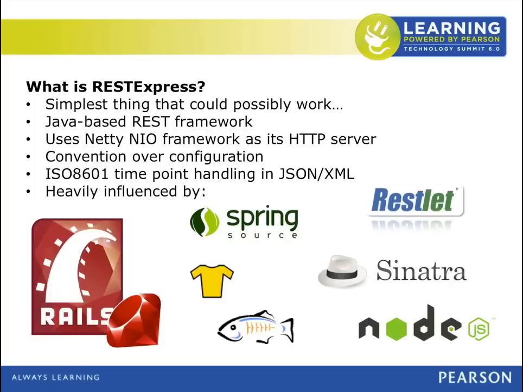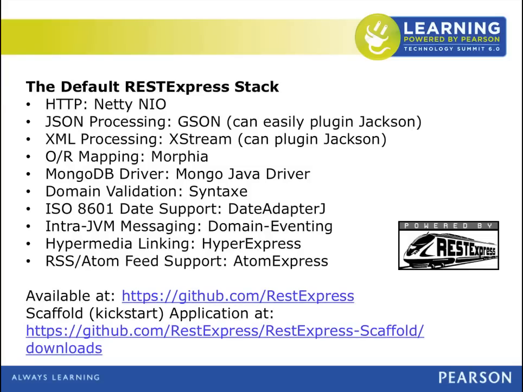Like I said, it uses JSON for its JSON processing. We might move to Jackson shortly. For OR mapping, it uses Morphia, which is a MongoDB OR mapping tool, open source. Let's see, domain validation, it does support that. Basically, RESTExpress is a suite of what we call micro frameworks. It's kind of a buzzword now, but it's just a bunch of little pieces we plug together.